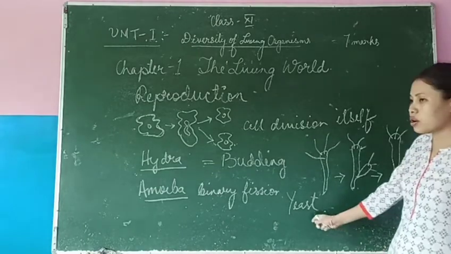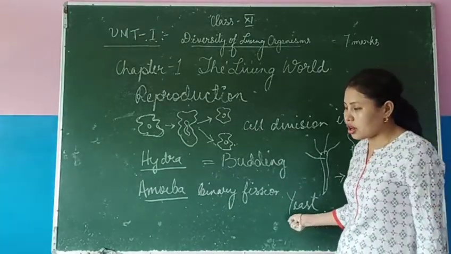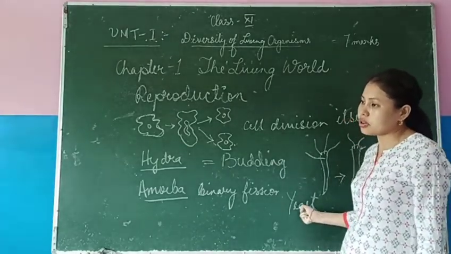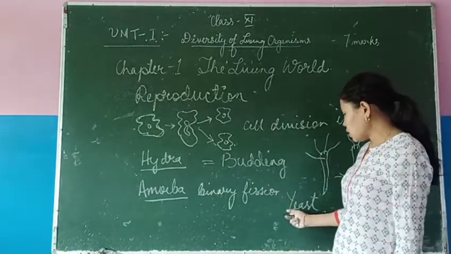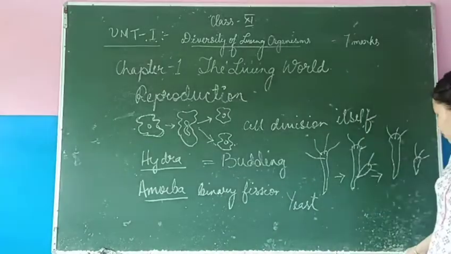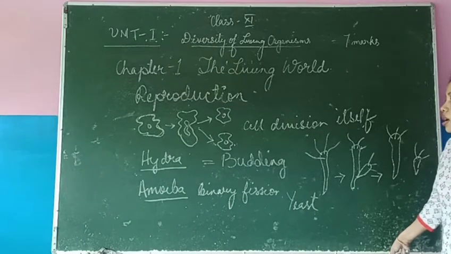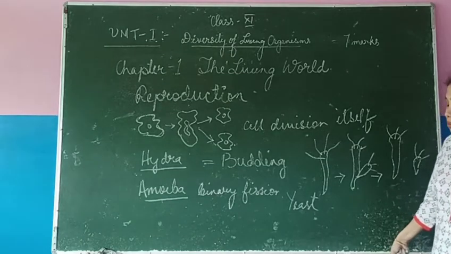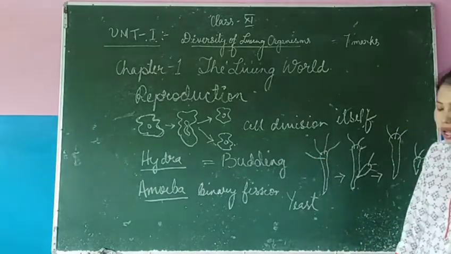So yeast is one of the important fungi. You can say this microorganism is a friend to us, because with the help of yeast we are able to produce many types of juice, many types of beverage, many types of bakery product, cake, pastry, etc. So this is asexual reproduction.